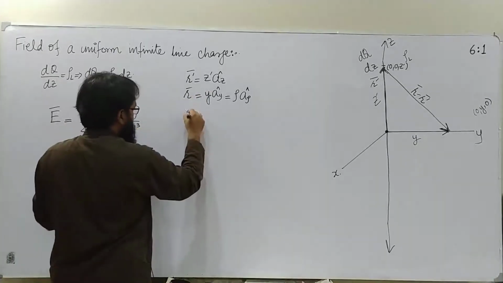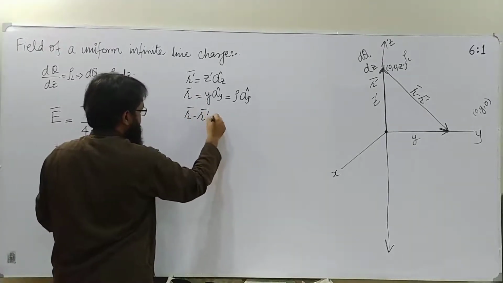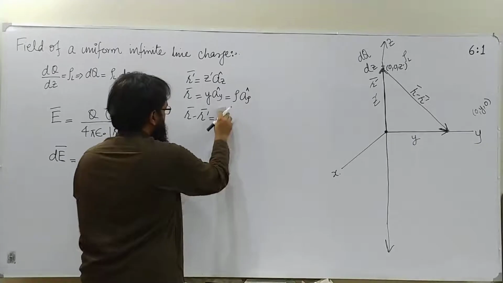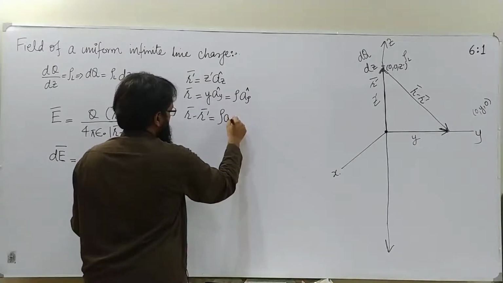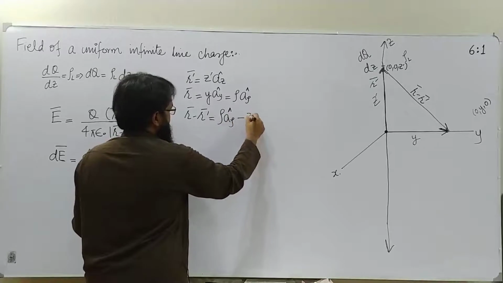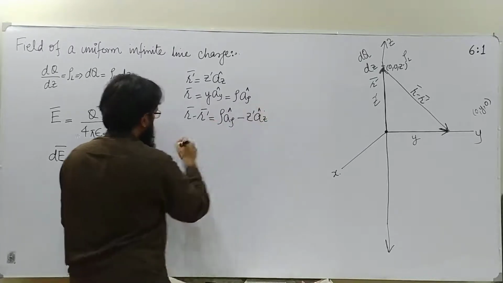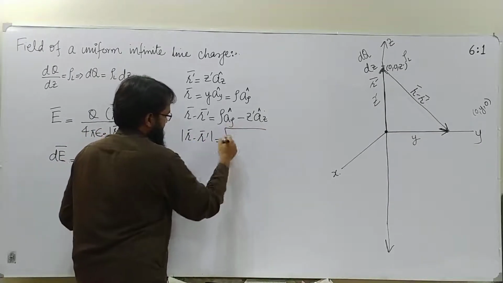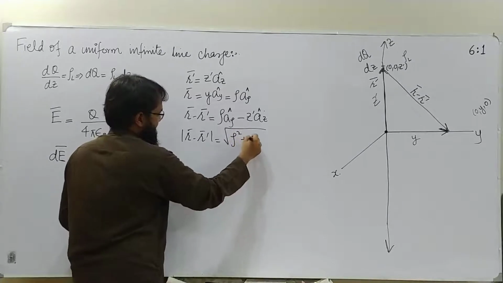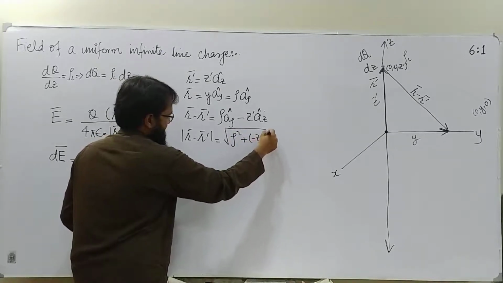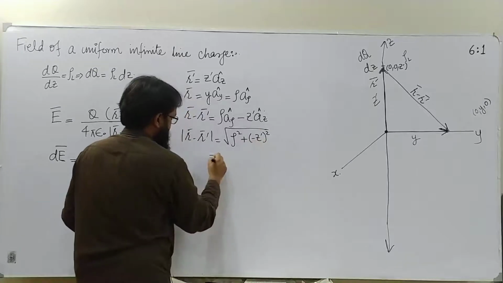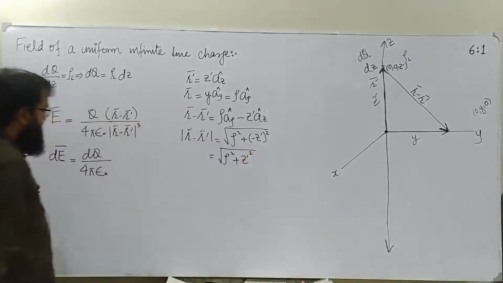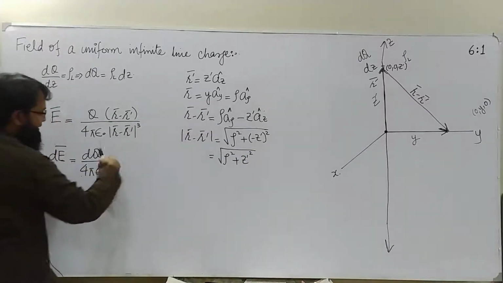Now we need r minus r prime, which is rho a rho minus z prime az, and the magnitude of r minus r prime would be rho square plus z prime square under root. Okay, so now let's replace these values here.